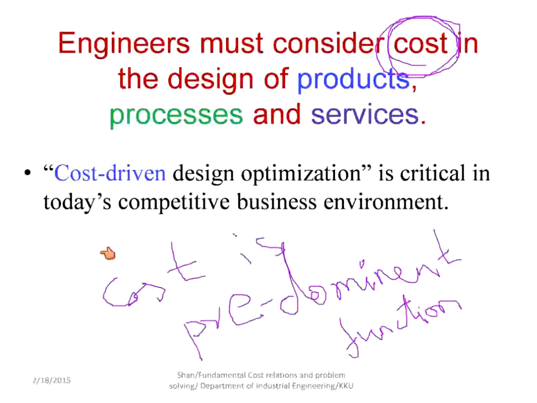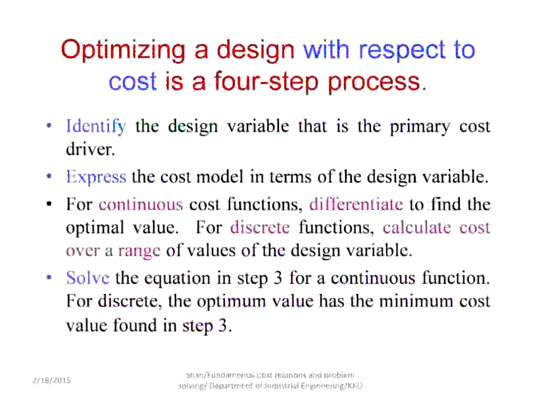Find the cost variable which is more sensitive, and try to make a model. Model means mathematical model. Make a mathematical model and then solve it to minimize the cost. This is your major role as engineers in your profession later.